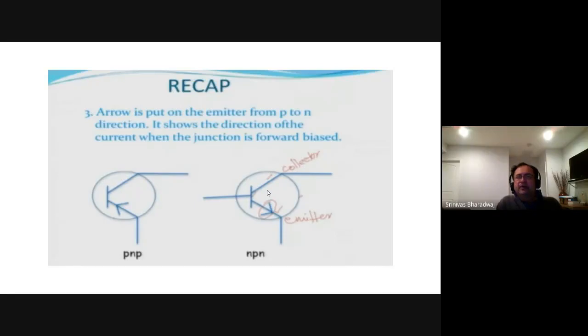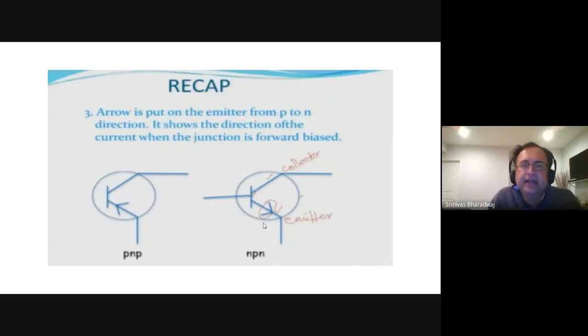Now, what happens when the P is connected to a positive terminal, and the negative terminal is connected to the N? The PN side is forward biased, and therefore it conducts easily.